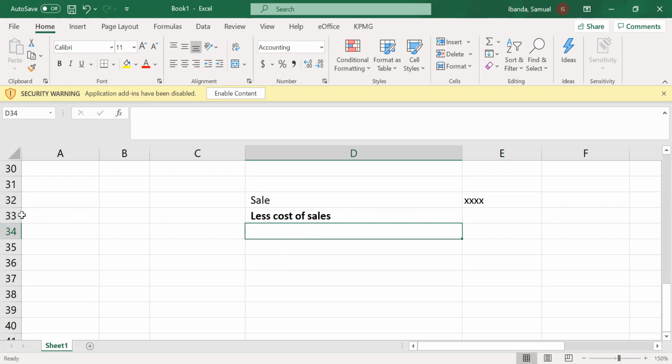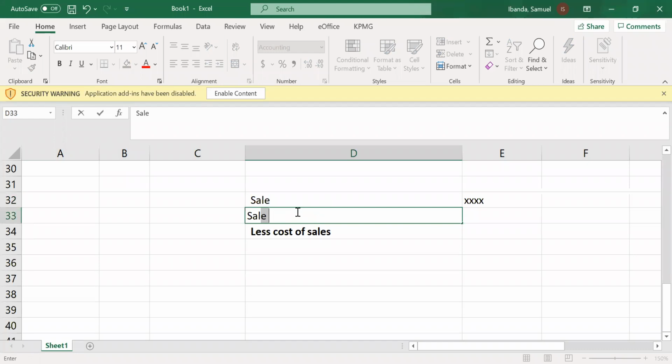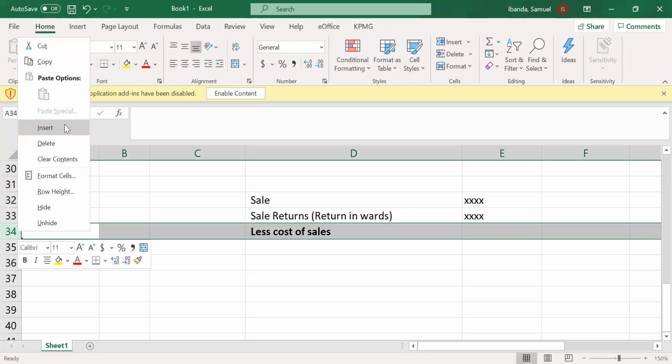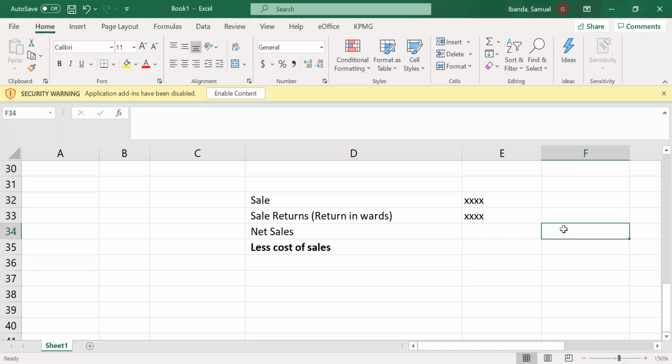Remember, even before the cost of sales, let me just put something here so you don't forget. Remember, we have what we call sales returns, and these sales returns are also called return inwards. It's good for you to know how those words can be used concurrently. So return inwards, when you remove them from sales, you get your net sales right there. So that's how you do it.